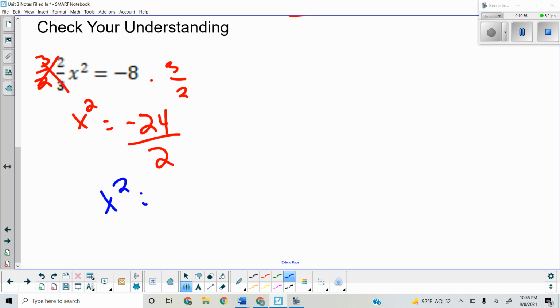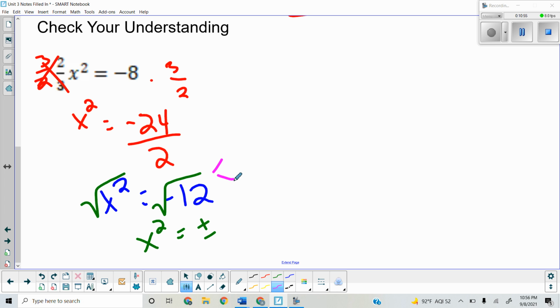X squared equals -12. We take the square root. x equals positive, negative. 12 can break down into square root of 3, square root of 4. The square root of 4 is 2. So 2, we have negative, so we need our i, and then we're left with square root of 3.